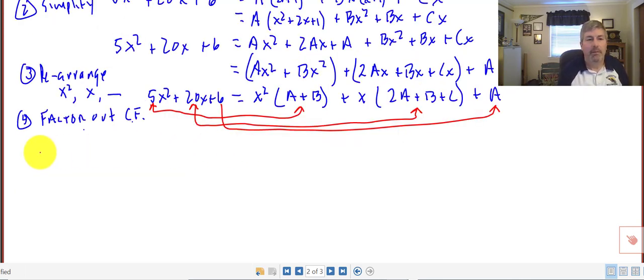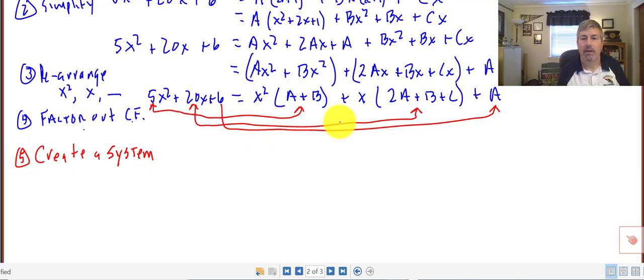Rewriting this, and I'm going to be intentional about how I rewrite this. I'm going to create a system. And if we think about our Gaussian elimination method, I'm going to start with 2a plus b plus c equals 20.